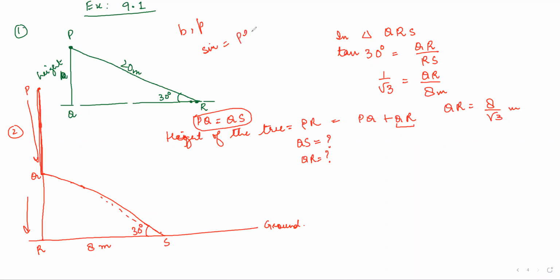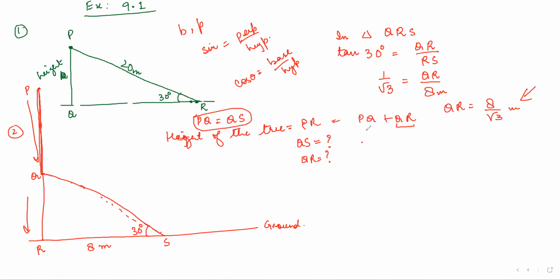Sine is perpendicular upon hypotenuse, and cos theta is base upon hypotenuse. So I can use any here, because I already know the base, and the perpendicular I have also found. I can use sine theta or cos theta, there is no problem. Fine, Abdullah?